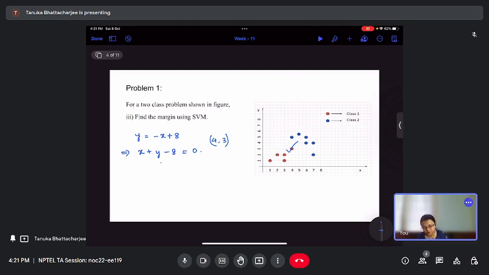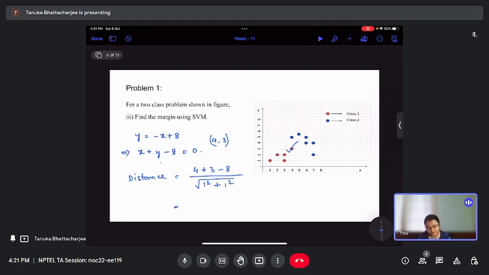So, here if you put x equal to 4 and y equal to 3, your distance will be 4 plus 3 minus 8 divided by, coefficient of x is 1, so 1 square, plus y is also 1, so 1 square.